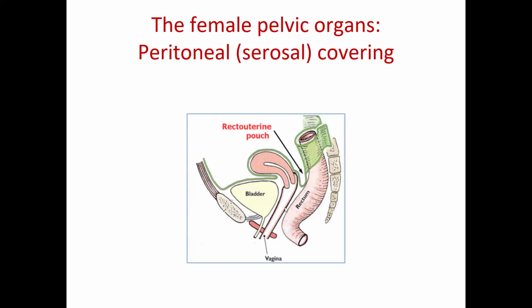So look at this diagram carefully and see how the anterior cervix is different from the posterior cervix. Posterior cervix is covered by serosa, but the anterior cervix is really not covered by serosa. When the surgeon wants to do a hysterectomy, how many cuts do you think the surgeon needs to make to get this uterus out?